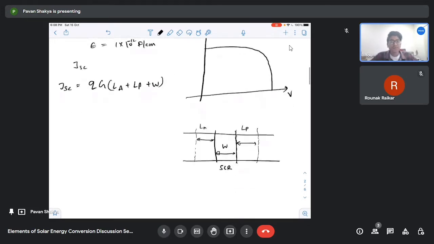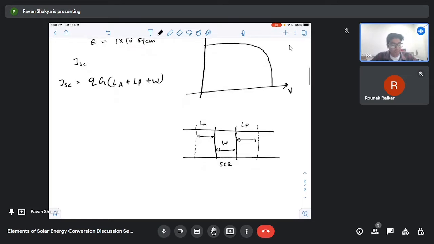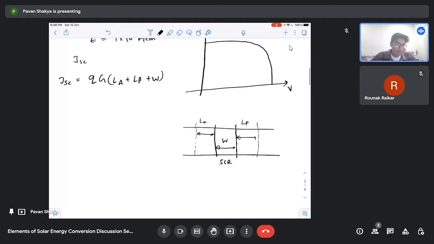In the last class we also solved a problem where we calculated the width of this space charge region or the depletion region. So today first we will solve for this depletion region length, then we will use this to solve for the short circuit current density.